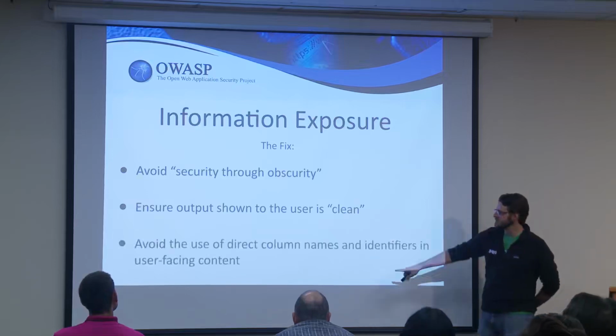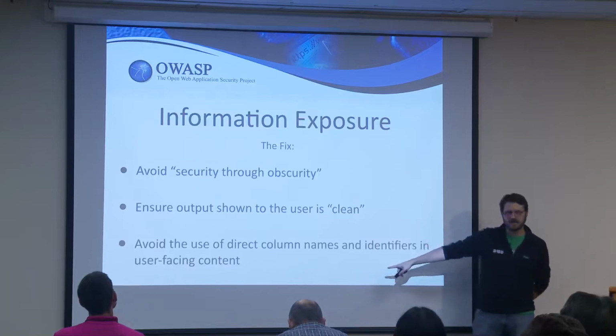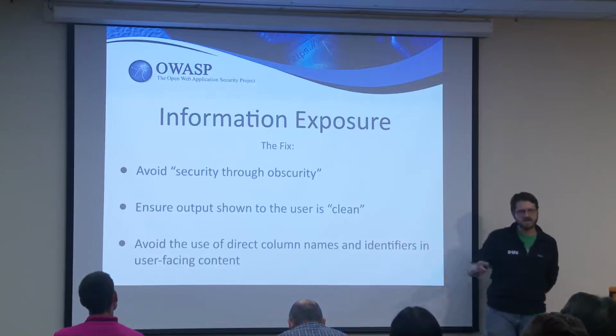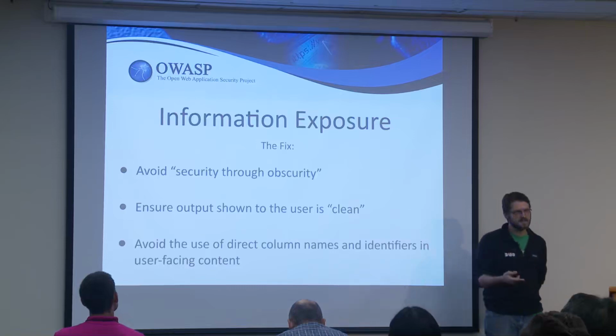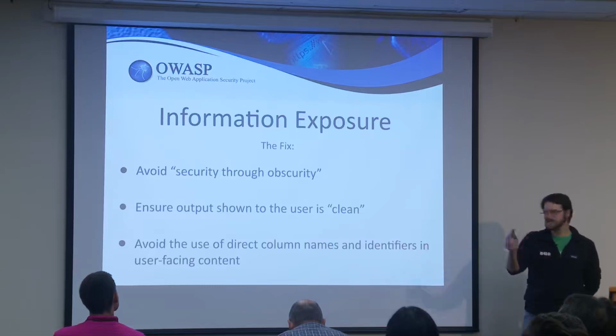And if possible, avoid the use of direct column names and identifiers in user-facing content. This kind of stuff is really easy to do on data tables or something like that, where the column name might be in the query. And then that just gives them information. Then they can start modifying that. You have the sort on the actual data table, so you can sort it by AJAX requests.